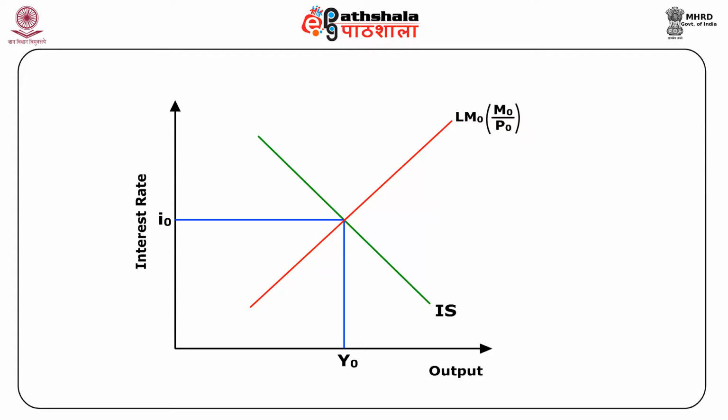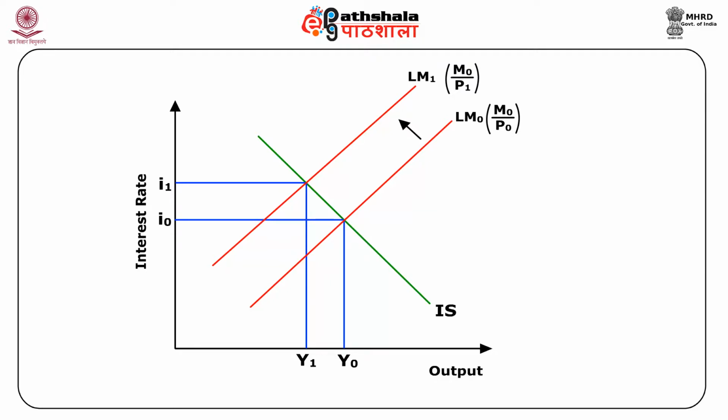Now, if there is an increase in the aggregate price level from P0 to P1, ceteris paribus, this reduces real money supply to M0 divided by P1 and shifts the LM schedule to the left to LM1, as you can see in this figure.